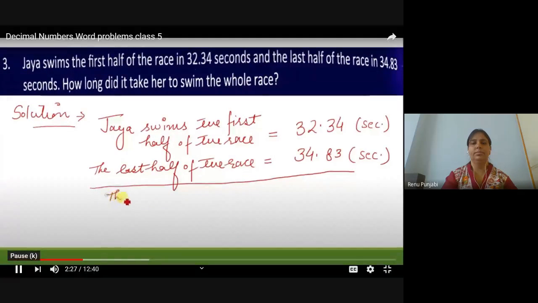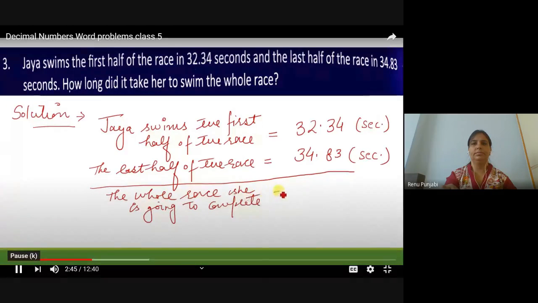So the whole race she is going to complete. What you will do? You will add.